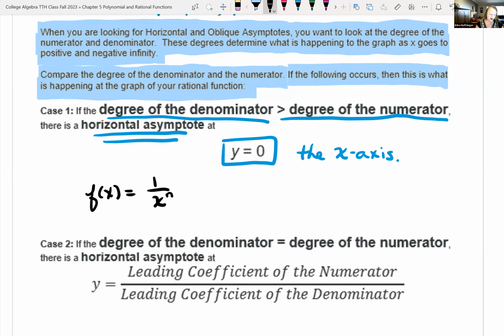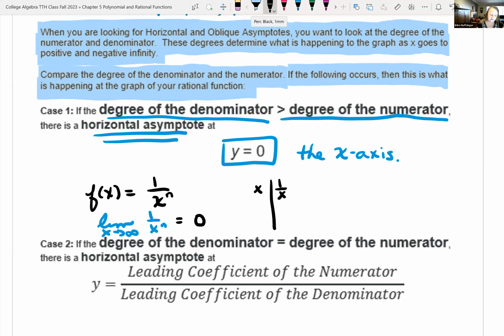As x goes to infinity, we're putting infinity into our denominator, so it's growing. This value is going to 0, and let's just think of 1 over x for a second.